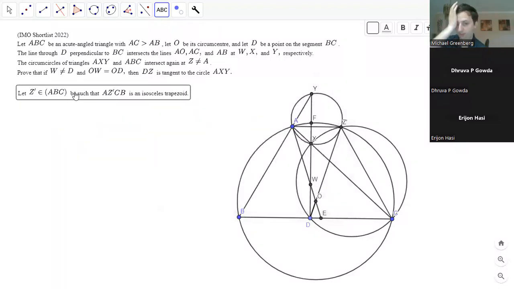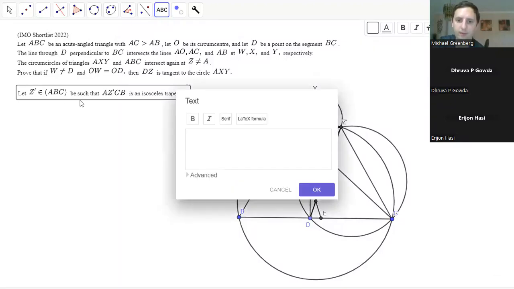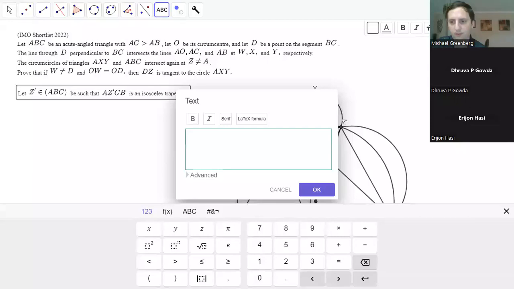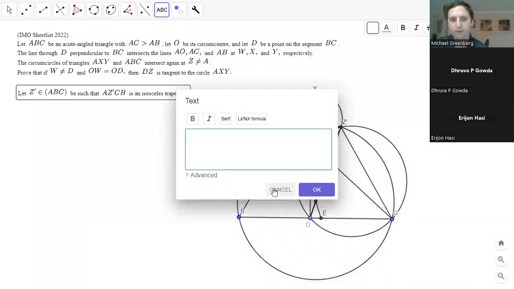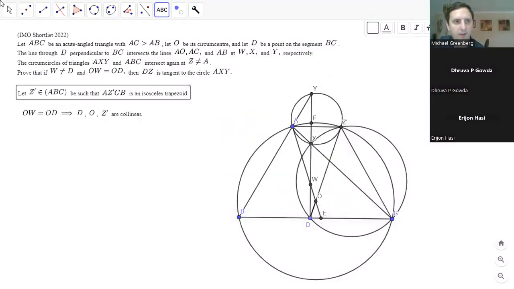Since OW equals OD, then by symmetry D, O, and Z prime are collinear. I guess it's not that obvious, but it doesn't take that much work to show it. So we have that D, O, and Z prime are collinear.